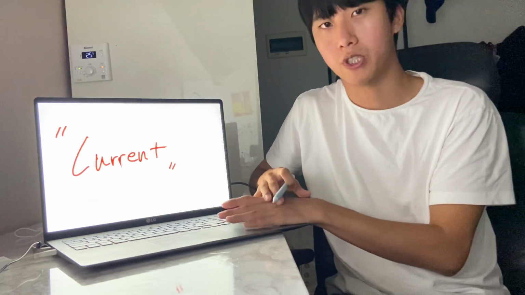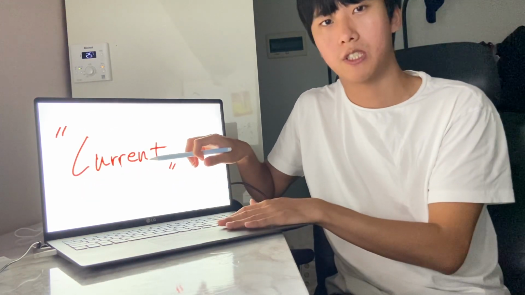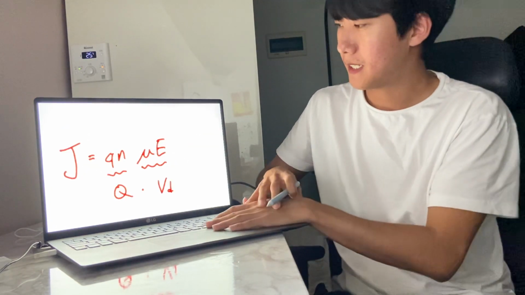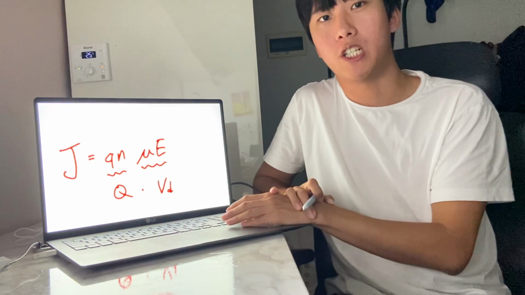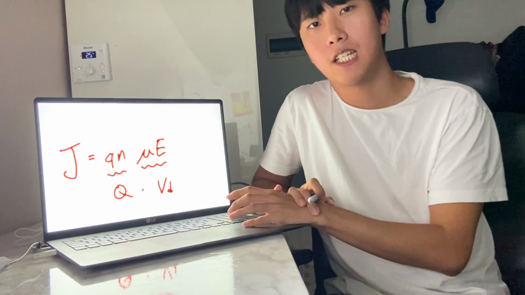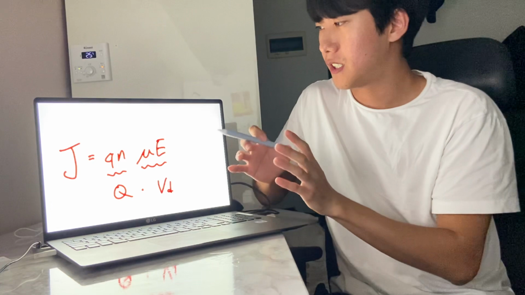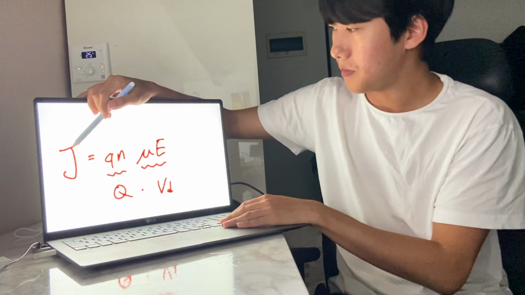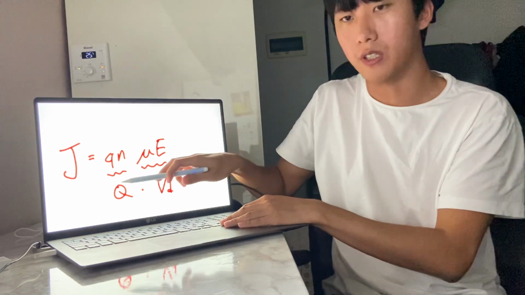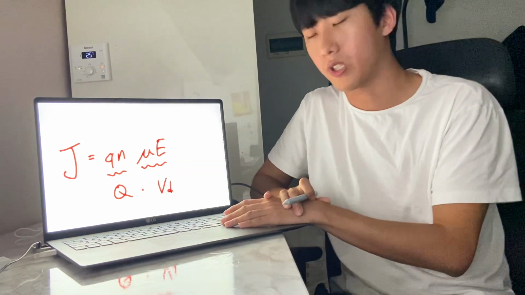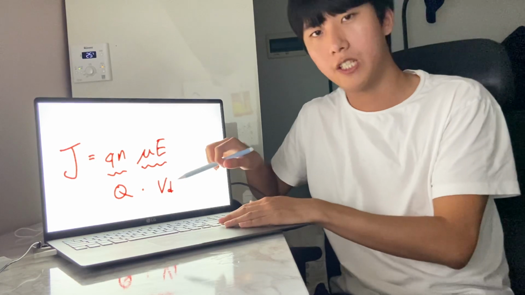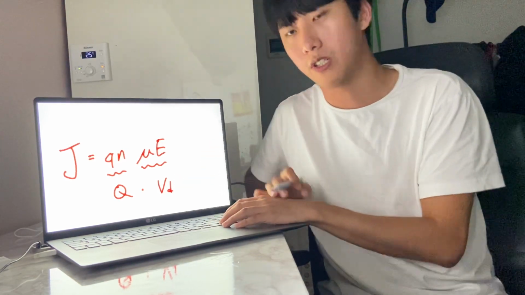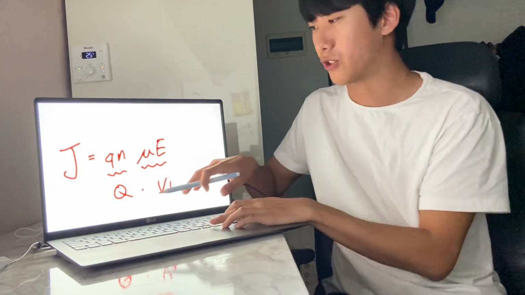So the current definition is important: J is equal to current I over surface A, and J is equal to the charge times velocity. So we should concentrate on the velocity of the electron.